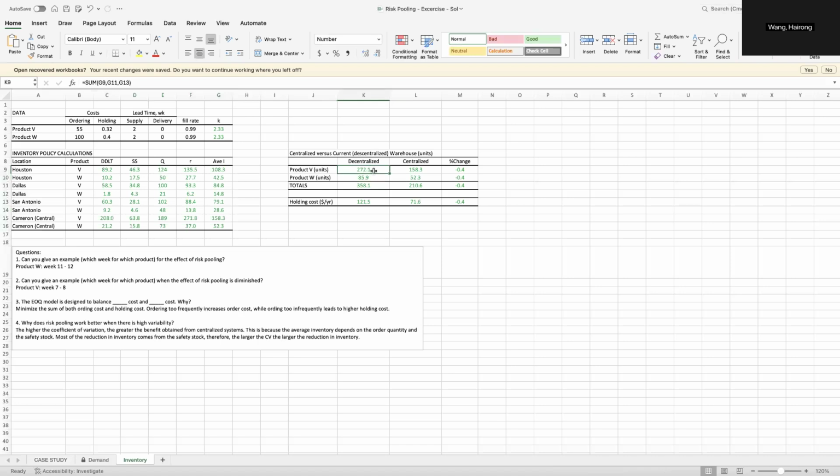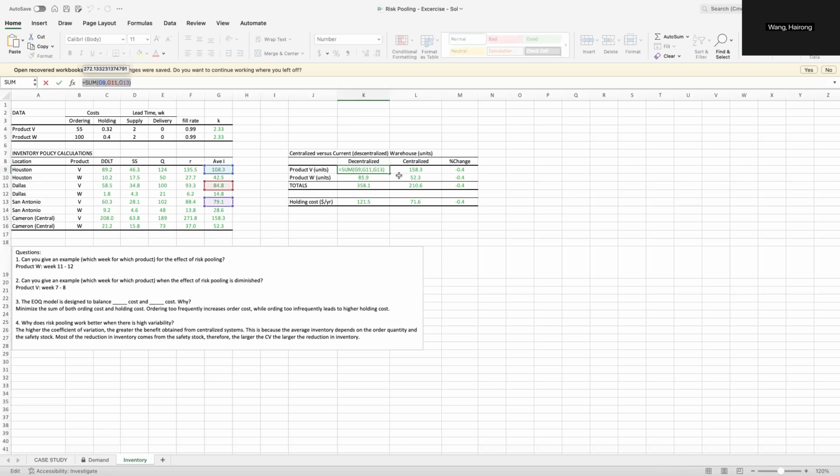Then for decentralized, for the units of the products, we will calculate the summation of average inventory for these products in 3 locations, in Houston, in Dallas, and San Antonio. Therefore, we need to use the formula here, the summation of G9 plus G11 plus G13.